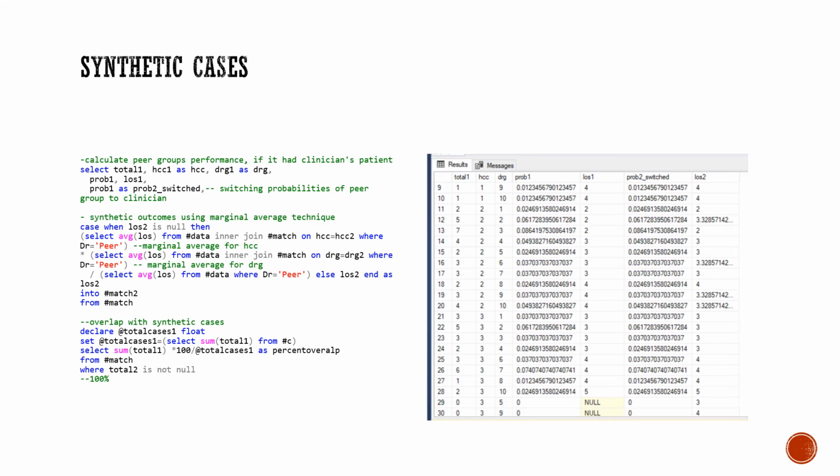So going back to my nulls, and I did not round it for a purpose so we can make it obvious, we calculated those by taking the average of HCC, the average of DRG, and then taking the entire average of everything and dividing it by it. So it's pretty straightforward.